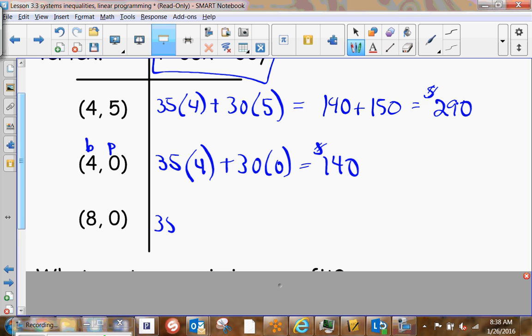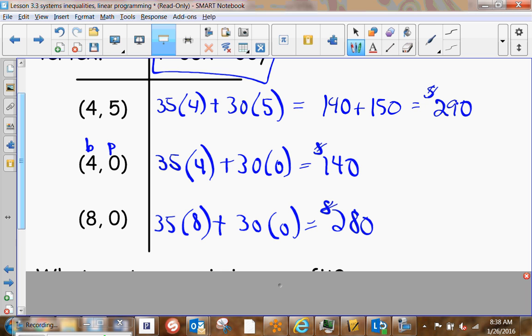So 35 times 8 plus 30 times 0. 35 times 8 is 280. Ooh, that's close. So these two are very, very close. He's going to make $10 more doing that one. So this is what he's going to shoot for right here.